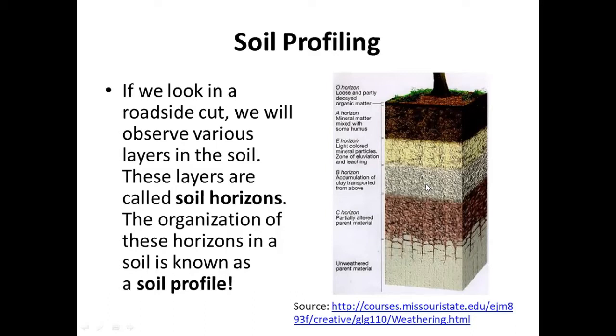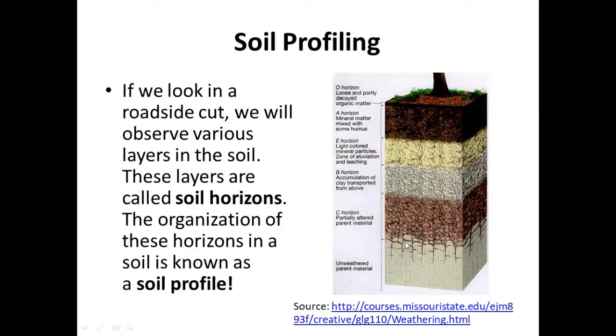It is very important to know that the soil profile is not a constant thing, because every soil may be different according to its soil horizons. For example, some soil may lack the A horizon, or some soil may lack the B horizon, but this is the standard form, the ideal profile of a soil.